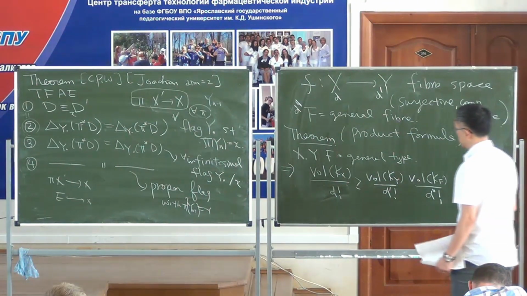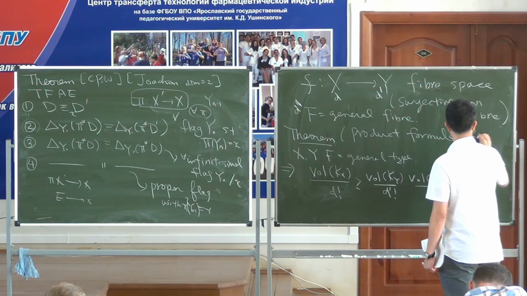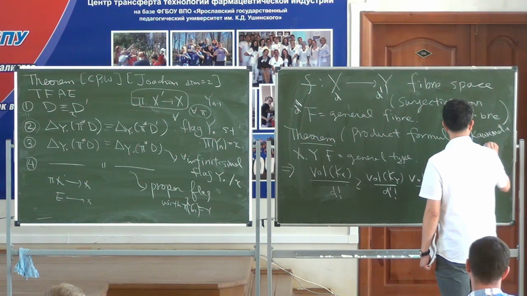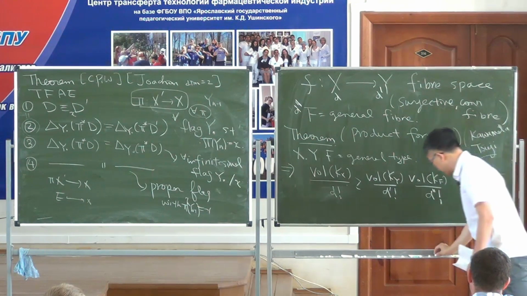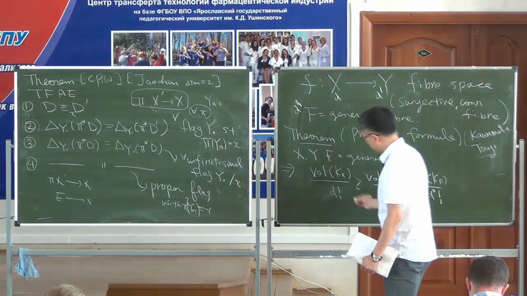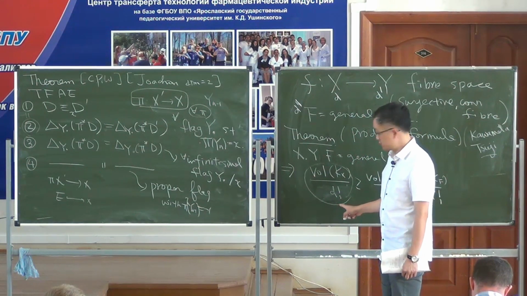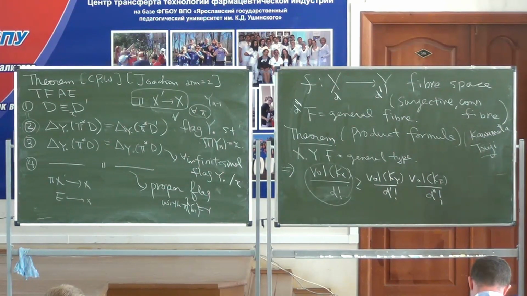So this was originally proved by Kawamata, and you can also find this statement in Tsuji's paper. If you see this volume divided by D factorial, something should come up in your head.